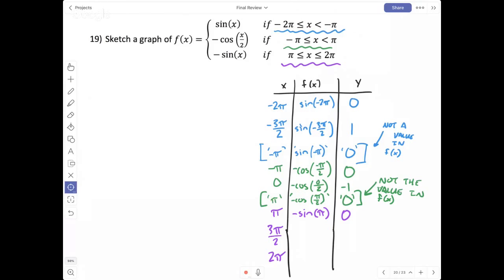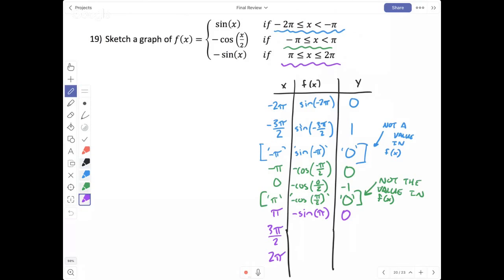But the spot that it would have been here if it did go here is the same as this one. So the green function is going to end at the same spot that the blue function would pick up. My overall point here is that this whole function is continuous. And then 3 pi over 2, and just to reiterate that, if these were not the same, the function would be discontinuous. But because these are the same and these are the same, the function is continuous.